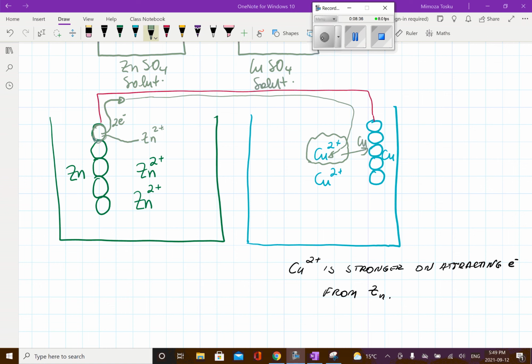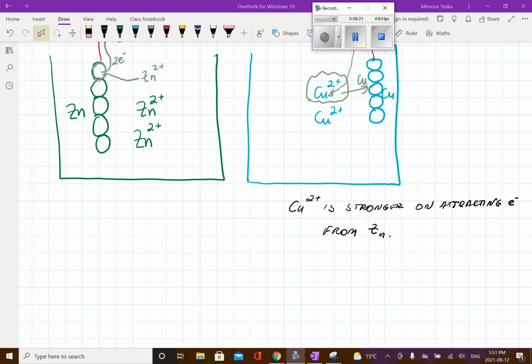So the zinc plate becomes smaller and smaller, while the copper becomes bigger and bigger. They will change shape and mass, of course, because the zinc is dissolving, continuously releasing electrons to the wire, because copper 2+ has a stronger pull, and the copper is building up as metal.